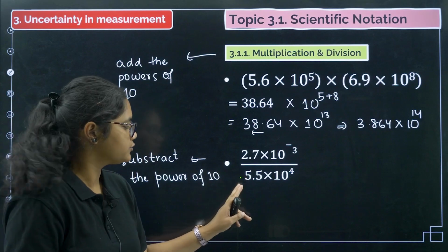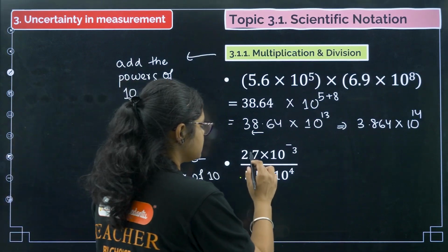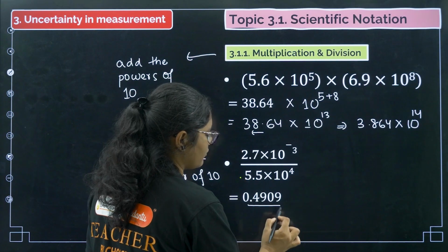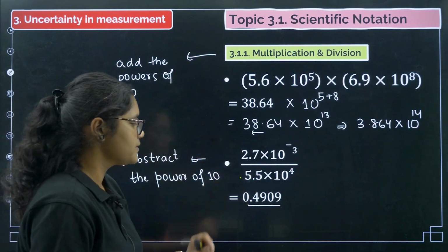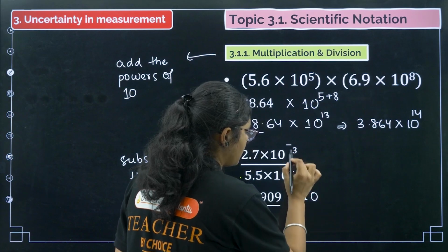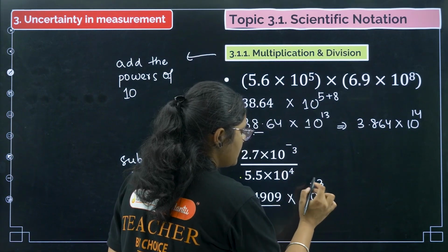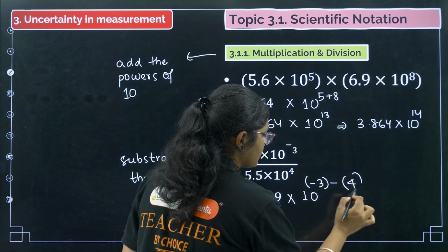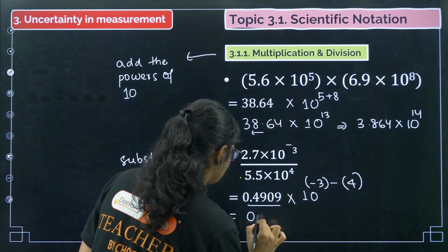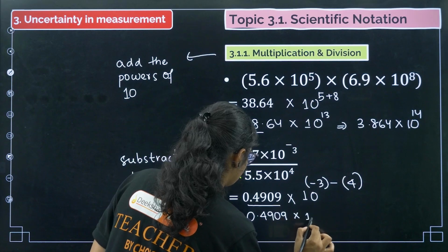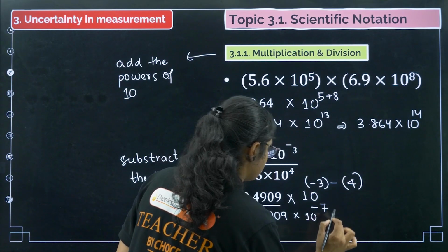So 2.7 by 5.5, this value alone will give me 0.4909, if I just divide. Next I need to subtract the power. So 10 to the power of, this is minus 3, one power is this one, minus what is the another power? 4. So how much will I get? 0.4909 into 10 to the power of minus 7.